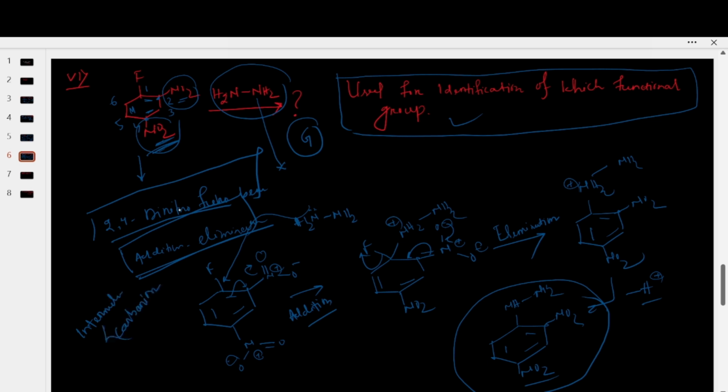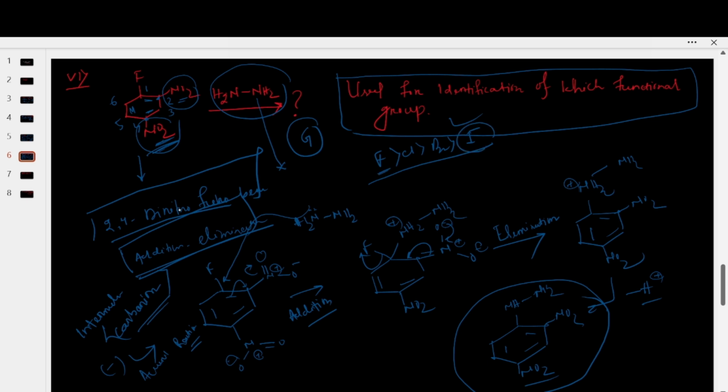So any group which stabilizes the carbanion will accelerate the reaction, and the leaving group tendency of halides in case of addition elimination reaction is like fluorine, chlorine, bromine, iodine. But we know that iodine is a good leaving group as compared to fluorine.